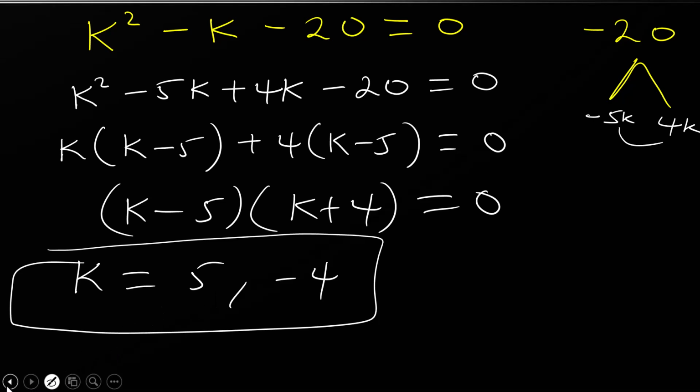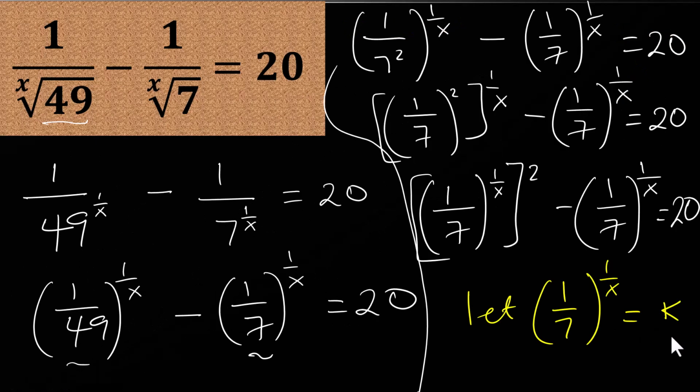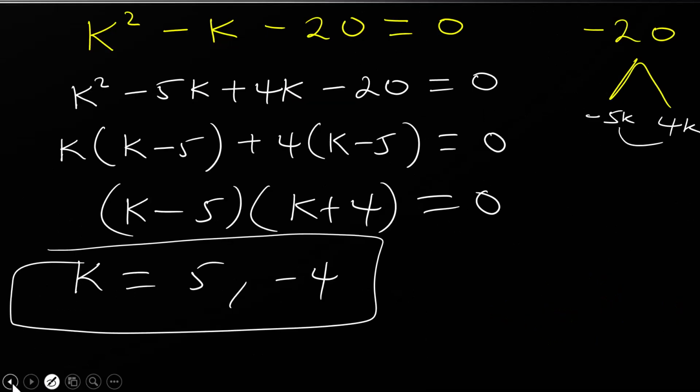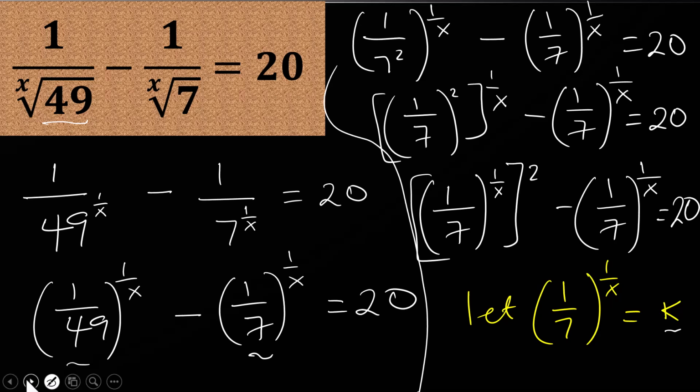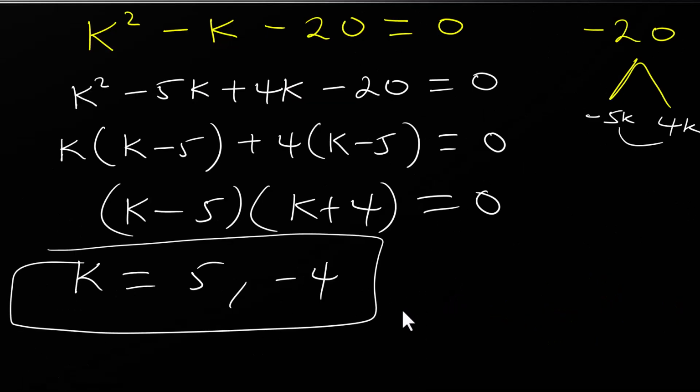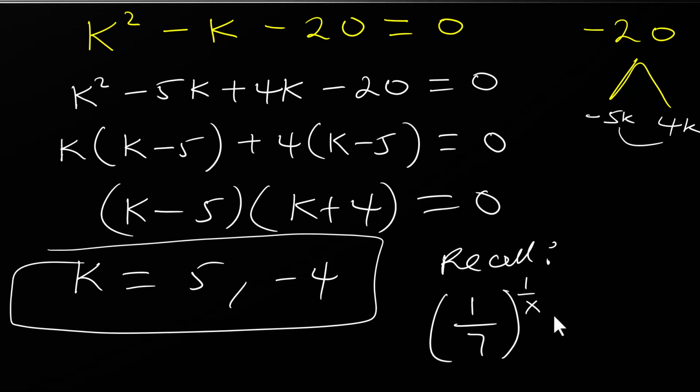But remember that we represented 1/7 all raised to 1 on x by k. So let's go back and replace the value of k over there. So 1/7 all raised to 1 on x equals to k. The first answer for k is 5. So how do you solve for x here? We have 1/7.